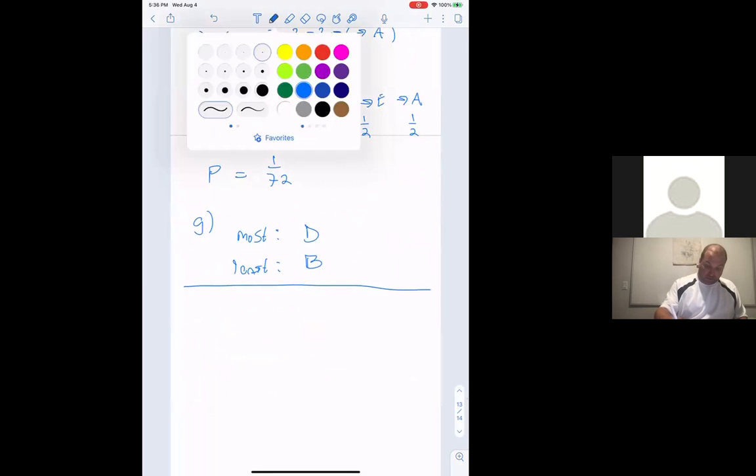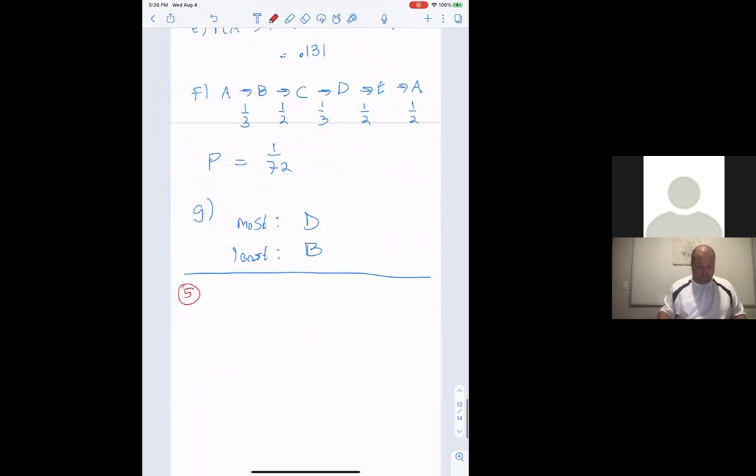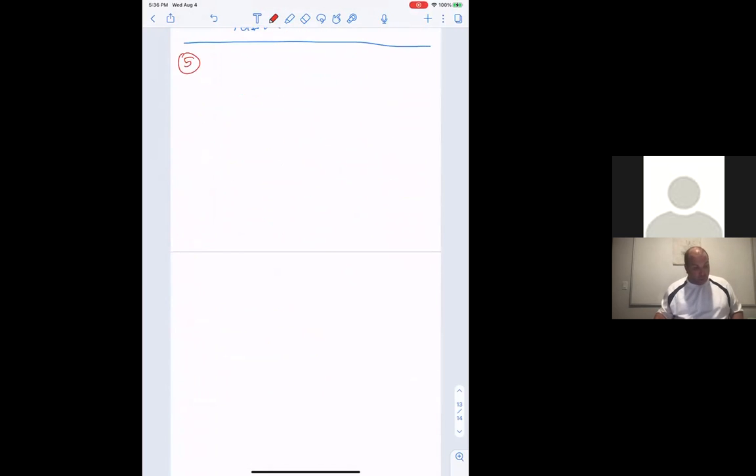Okay, and finally, question number 5. Explain why the long-term probabilities for this graph will not be independent of the starting position. So here's an interesting question. We have A and we have B, and B goes to A. C's up here and C goes to B. F is down here, which goes to B and back.